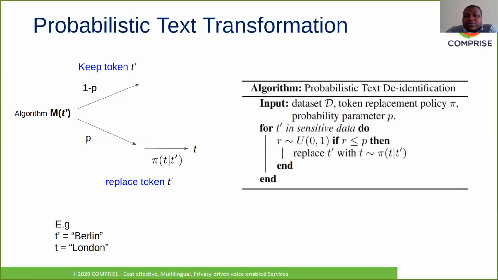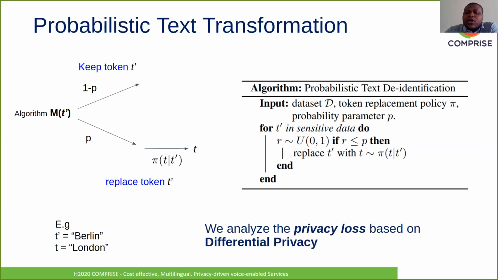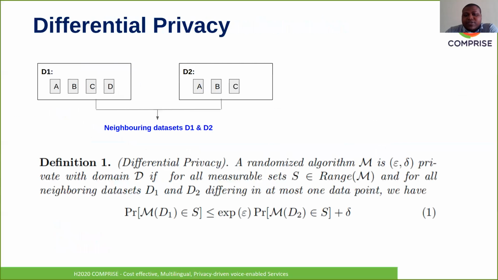And the algorithm is as follows: we just randomly choose a small number from a uniform distribution, and if it's less than our chosen replacement probability P, we replace. If not, we do not do anything. And with this algorithm, we can actually provide a privacy loss using differential privacy.